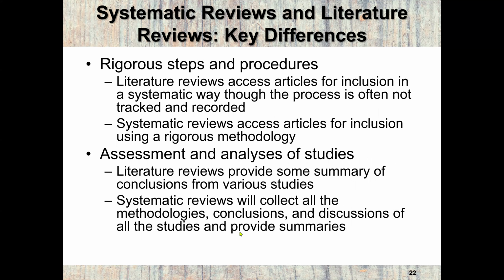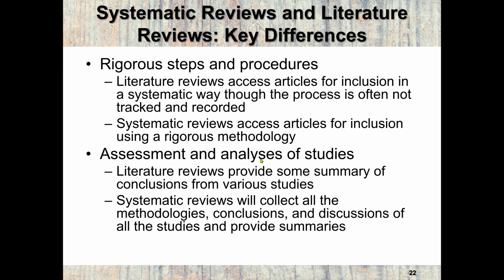Selection bias is something we always need to look at from previous works researchers may make. So, rigorous steps and procedures. A literature review will also assess articles for inclusion or exclusion, but in a way where the process is often not tracked or recorded. But a systematic review assesses articles for inclusion using a rigorous methodology.